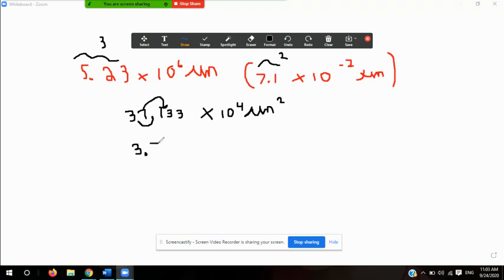Whenever I move my decimal point from right to left, there's going to be a change in the exponent.